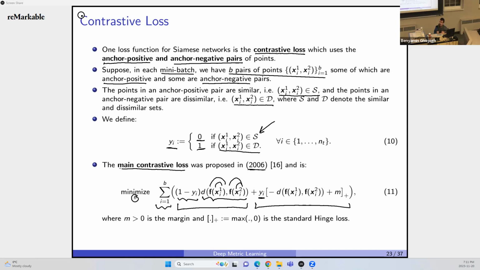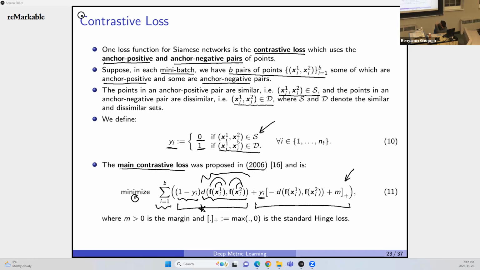So now consider the first term. When I have anchor and positive, it means minimize their distance. Of course, we want them to be close to each other in the embedded space. When they are dissimilar, the second term turns on and the first term turns off.